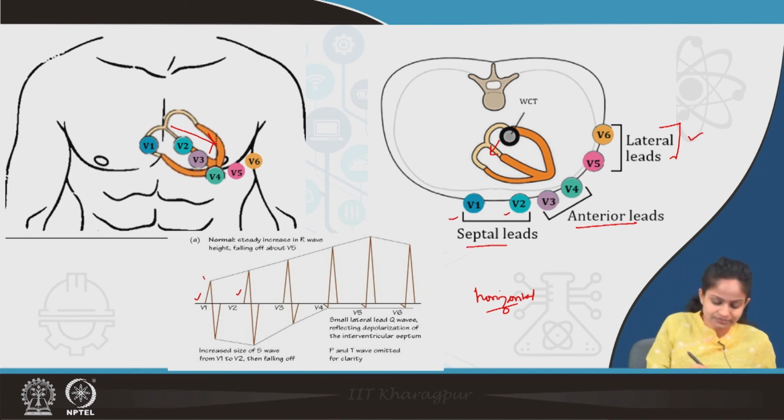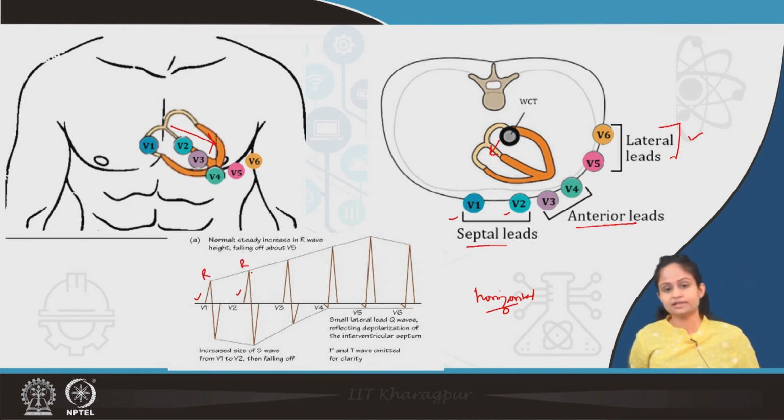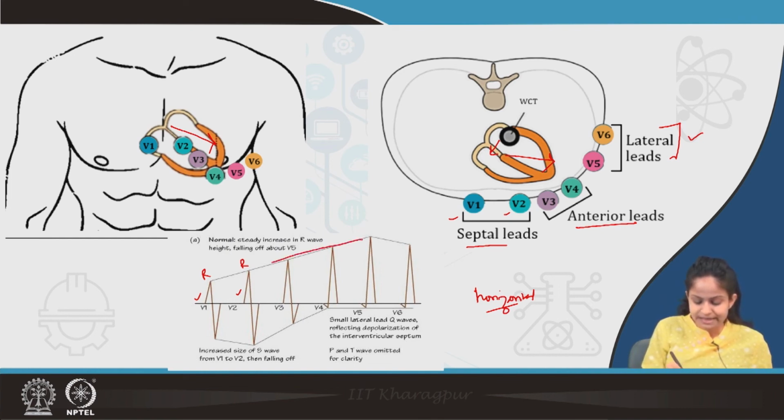We get the R wave, and we do not see the Q wave over here. Because of the maximum ventricular depolarization which occurs in this direction, we see an R wave progression. The R wave amplitude increases, at the maximum up to the V5 level.